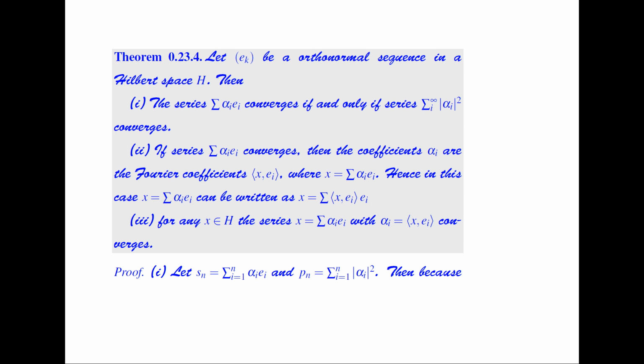Hence in this case x can be written as the summation of the inner product of x comma e_i into e_i. And the third part: for any x belonging to H, the series x equal to the summation of alpha_i into e_i, where alpha_i is equal to the inner product of x comma e_i, converges.